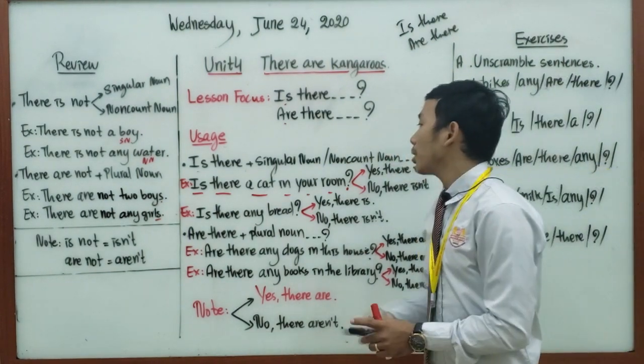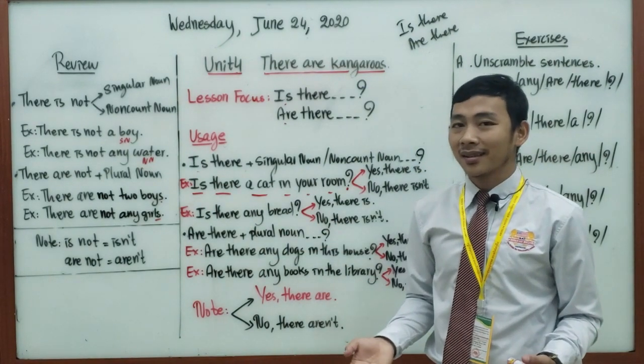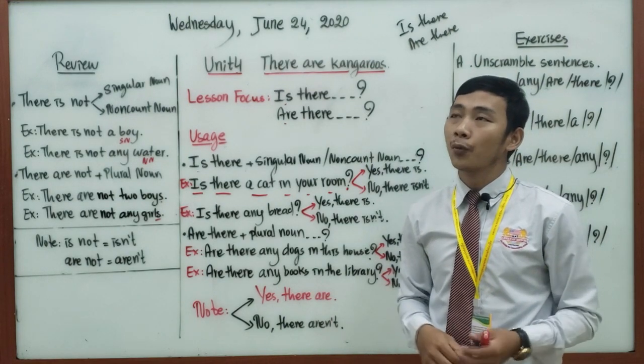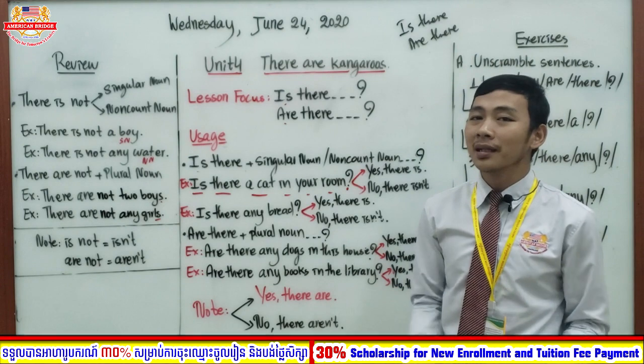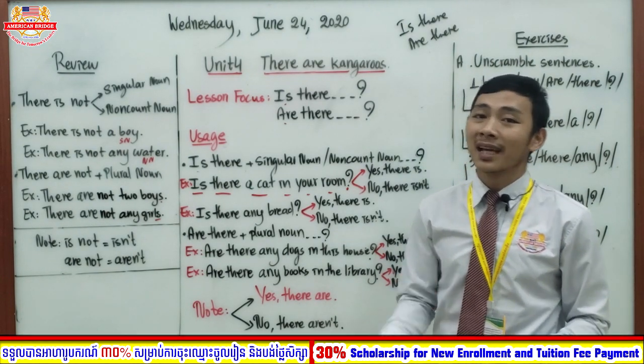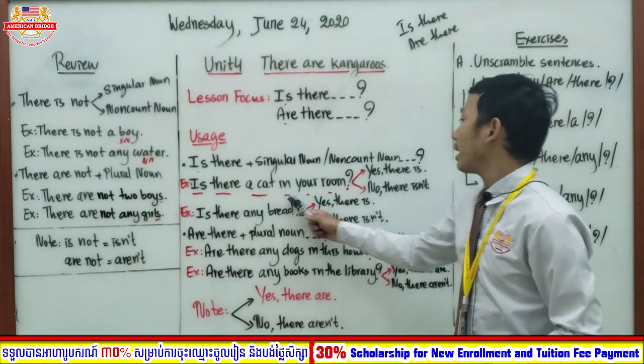Okay, everyone, so is there a cat in your room? How can you answer? You need to remember, as I told you when you were studying with me in the Hangout book, when the question starts with verb to be, that question wants the answer yes or no. So, is there a cat in your room?